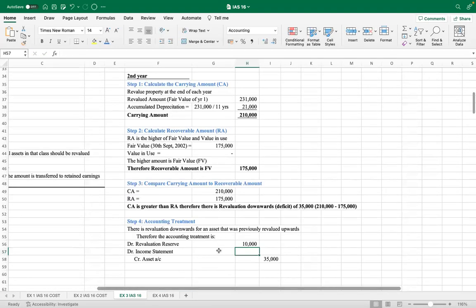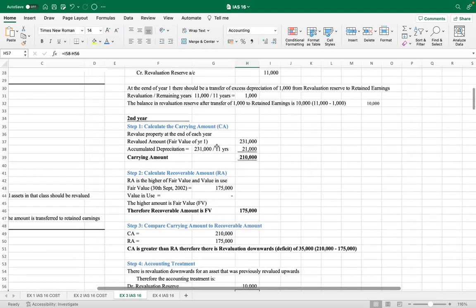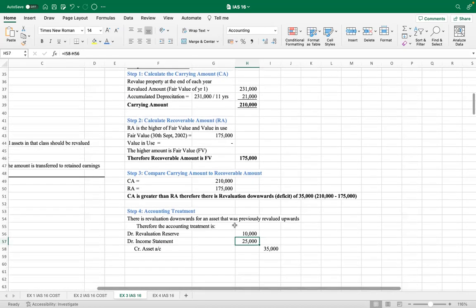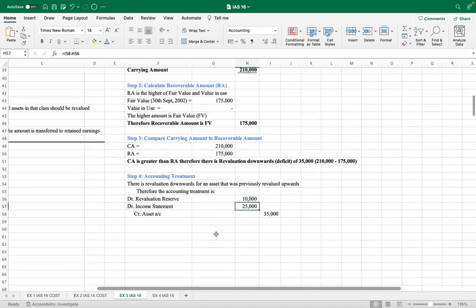That is the balance. And then the balancing figure becomes 35,000 minus 10,000. That is the amount that goes to the income statement. This is a balancing figure.